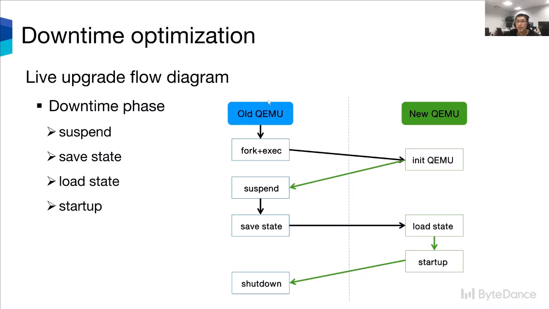The second step, we stop the old QEMU and save the VM state. The last step, the new QEMU loads state from the old QEMU and starts. It is obvious that VM downtime contains the following phases: stop the old QEMU, save the old QEMU state, load the state from the old QEMU, and start the new QEMU.